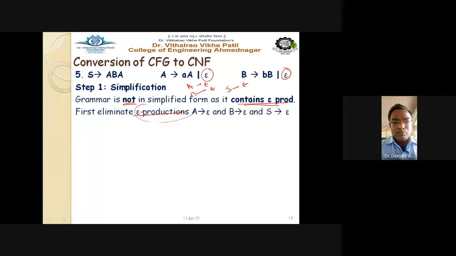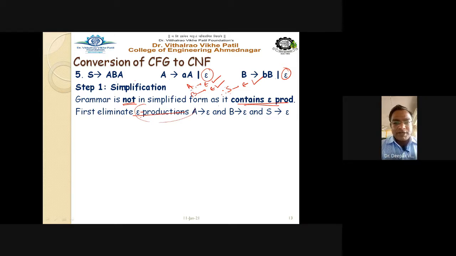So the steps in removing the epsilon production is that first find out the nullable non-terminals. Nullable non-terminals means the non-terminal which goes to the null symbol, or which goes to the epsilon symbol. So here A tends to epsilon, B tends to epsilon. That's why S also tends to epsilon. So I can conclude that there are three nullable non-terminals, that is A, B, and S. That is the first step.